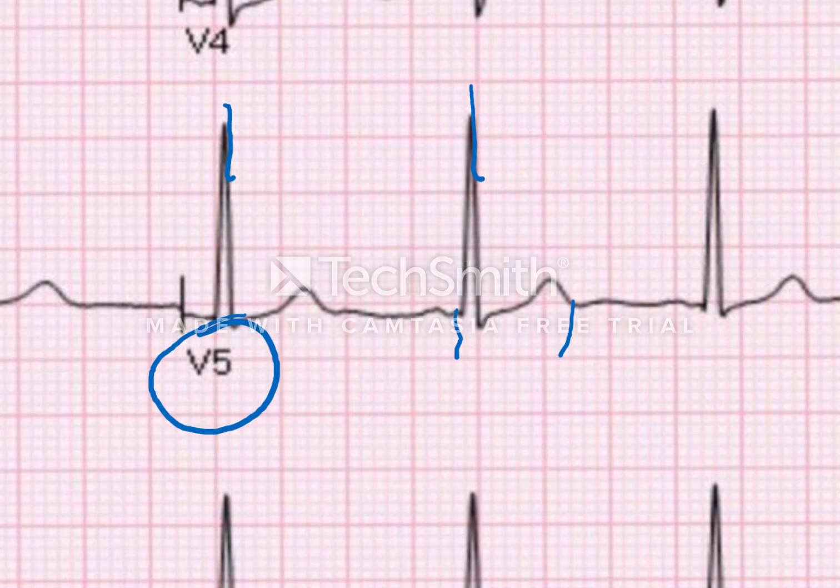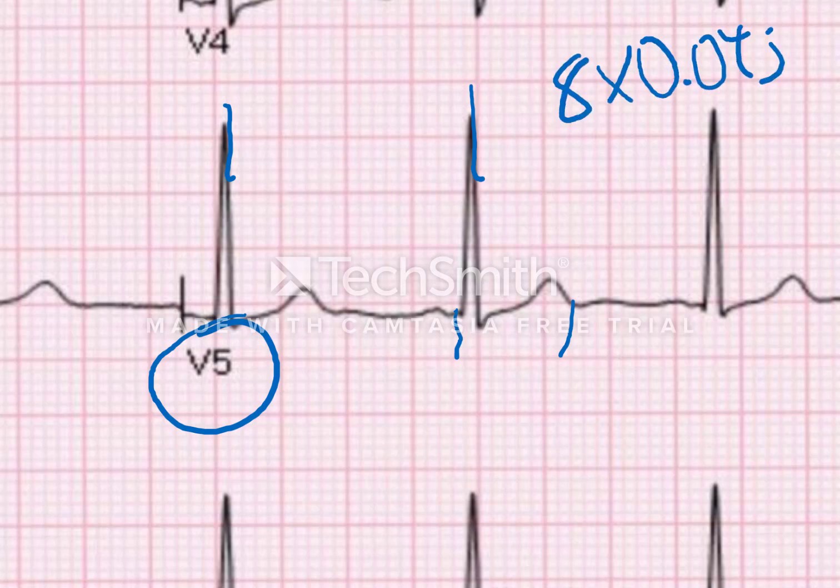I'm going to count here that there are 1, 2, 3, 4, 5, 6, 7, 8 boxes approximately, and that would be 8 times 0.04 seconds, so that would be 320 milliseconds. In terms of the R to R interval here, I would have approximately 18.5 small boxes.